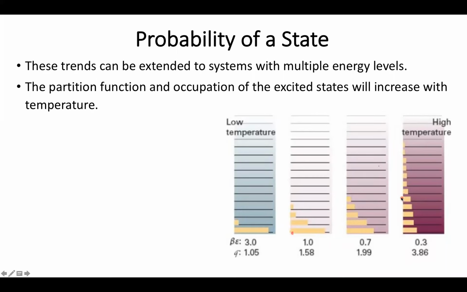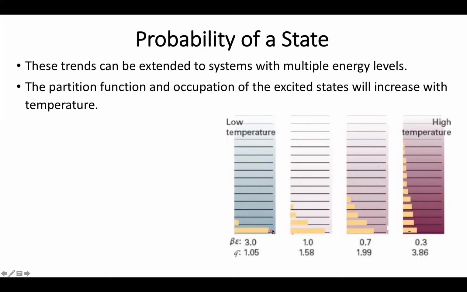This essentially comes through two features. First of all, each of these excited states has a greater probability due to an increased exponential function, but also, as each one of these states has a higher probability, the partition function itself gets larger and larger, which essentially decreases the probability of finding the system in the ground state.